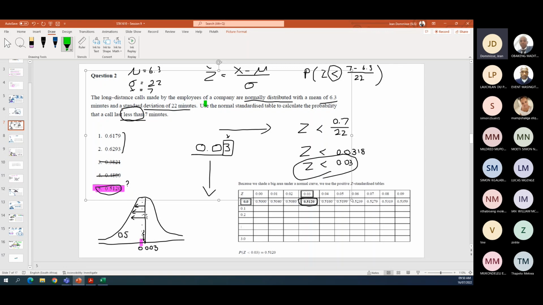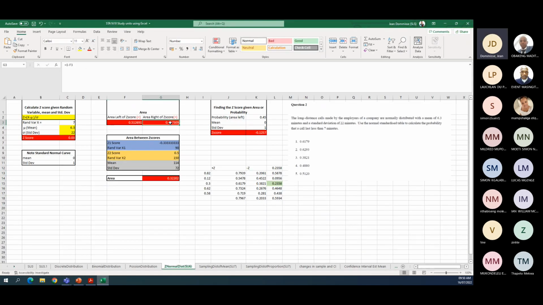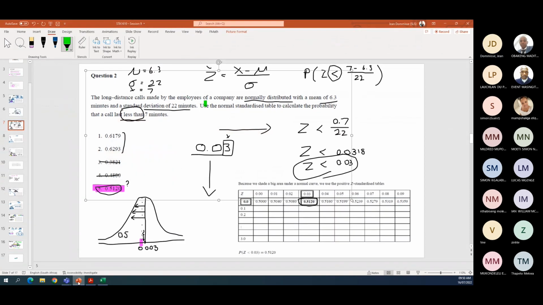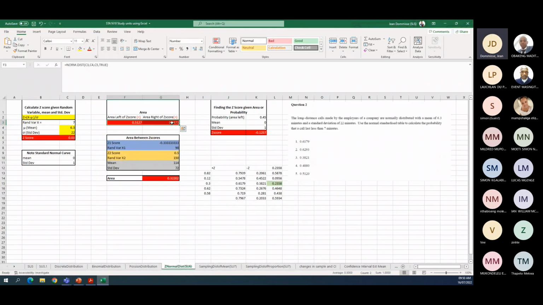Because we needed to work out that area, so there's the 0.5120. If we wanted the other area, it would have been that one. And you can change the decimals every time according to what is in the paper as well. Okay, so here you can see how it was done.